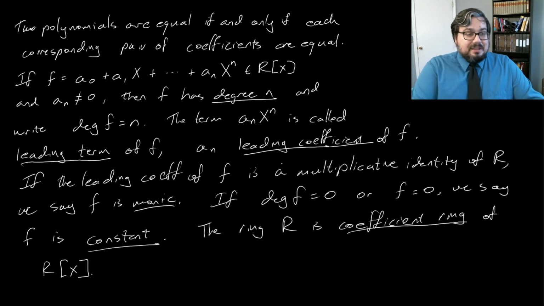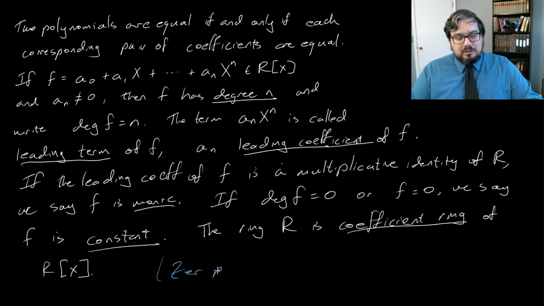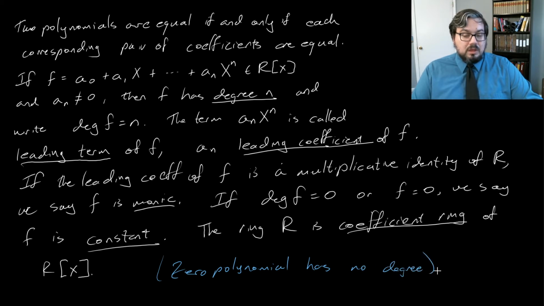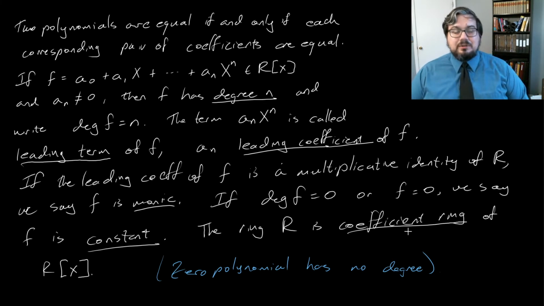And this means that the zero polynomial has no degree. We do not define the degree of the zero polynomial, and you'll see that reflected in some of the theorems later, where we'll say things like, oh, this thing must have degree 0 or be the zero polynomial. It turns out that certain formulas for degree that we would want to use don't really work if we try to assign any sort of degree to the zero polynomial.